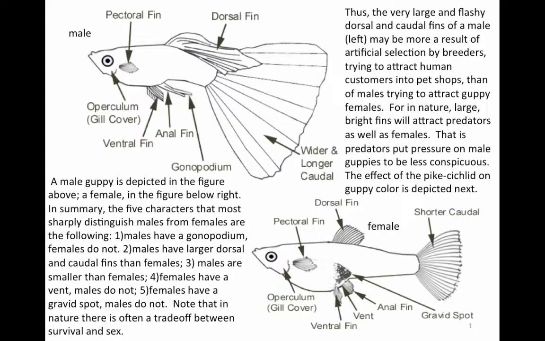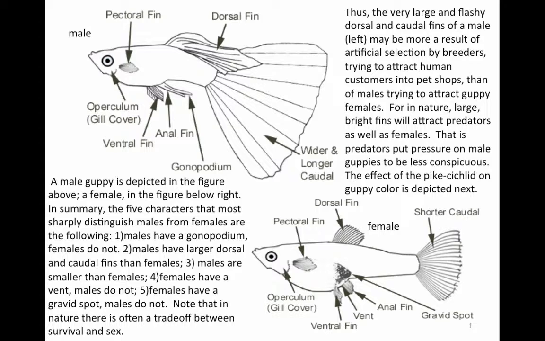Note that in nature, there is often a trade-off between survival and sex. Thus, the very large and flashy dorsal and caudal fins of a male left may be more a result of artificial selection by breeders trying to attract human customers into pet shops than of males trying to attract guppy females.